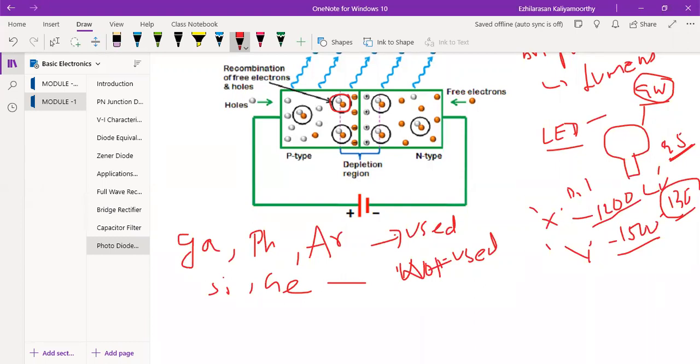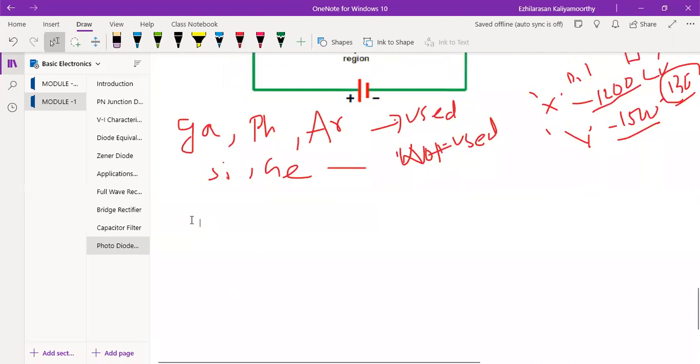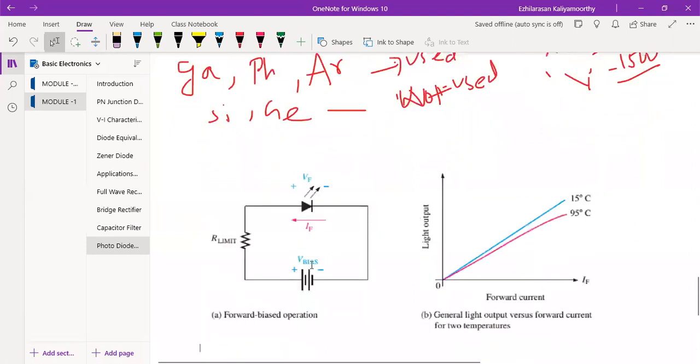Now I will show the diagram of the biasing circuit. Here we have done the forward biasing.